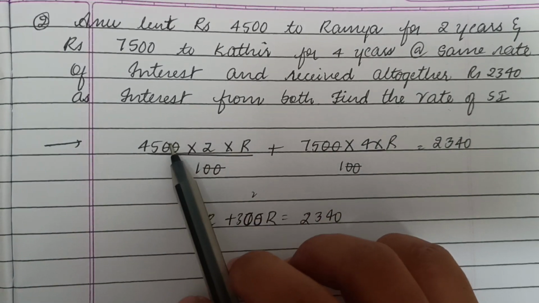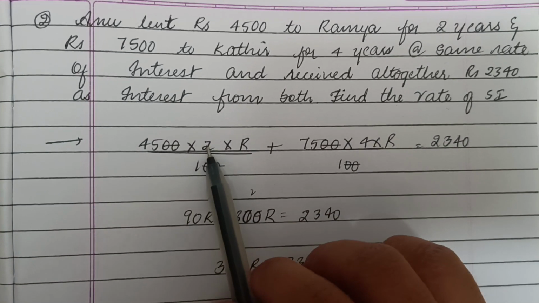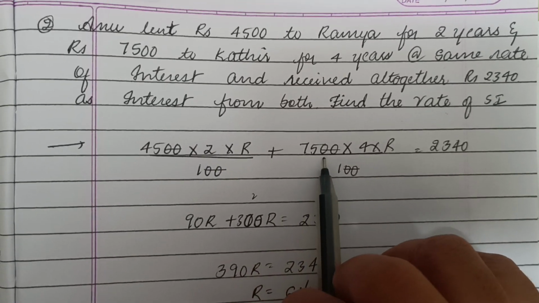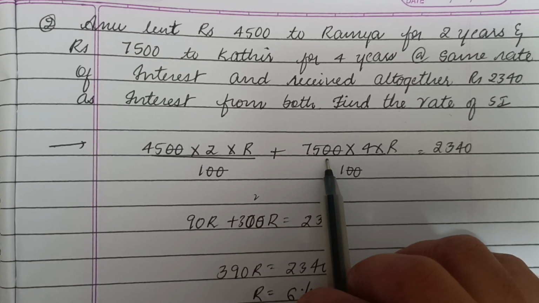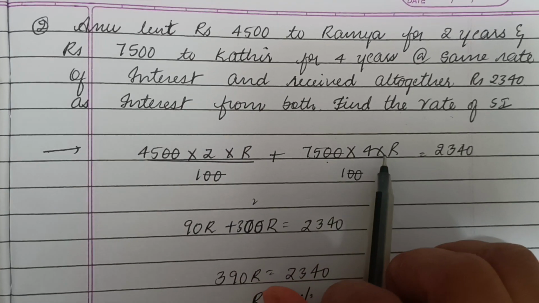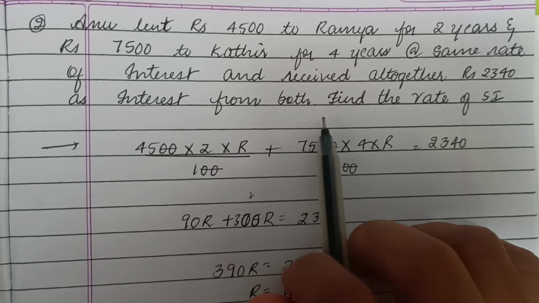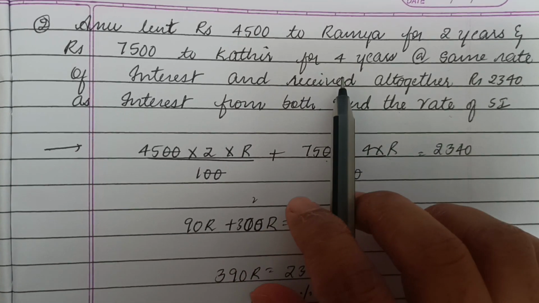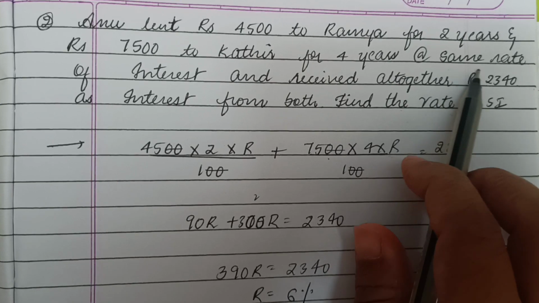Initially we know the principal and for how many years she is going to invest, but we don't know the rate. From the question it is clear that it is the same rate of interest.